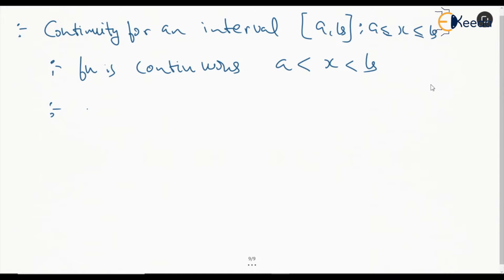for the left endpoint, you may check that the right hand limit at x is equal to a. We will be checking the function value as x tends to a plus, and this should be equal to f of a.